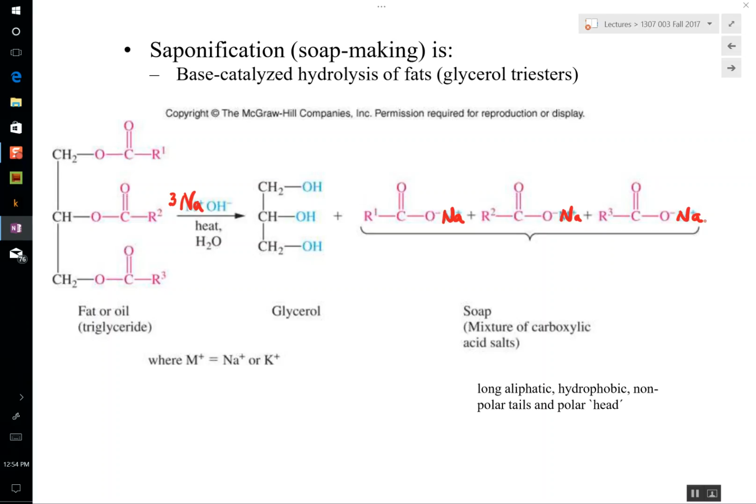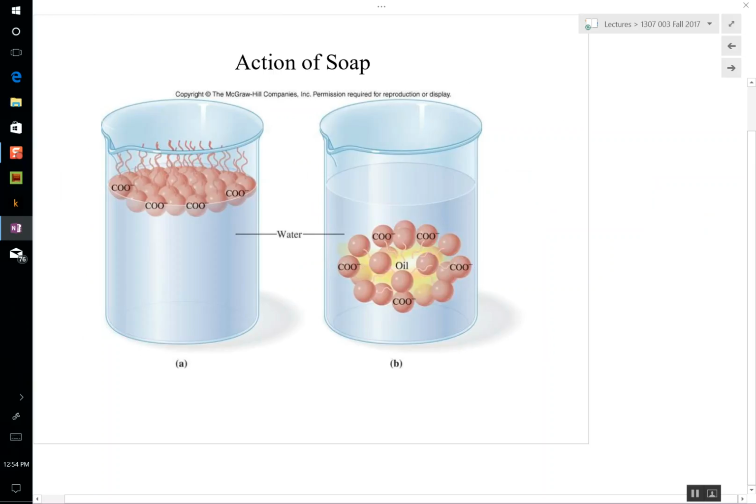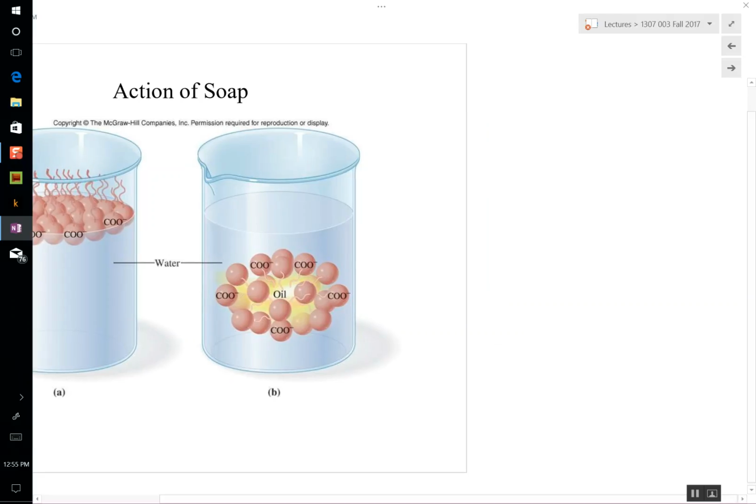All right, and what is soap? Soap is a surfactant, surface active agent. It is a molecule now. You've got to remember, if we were looking at stearic acid, we would have this big long chain.